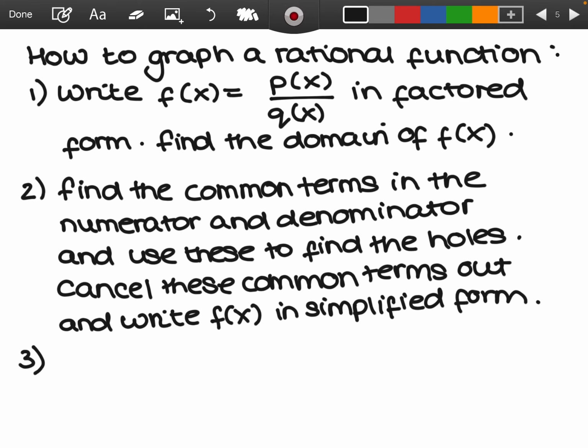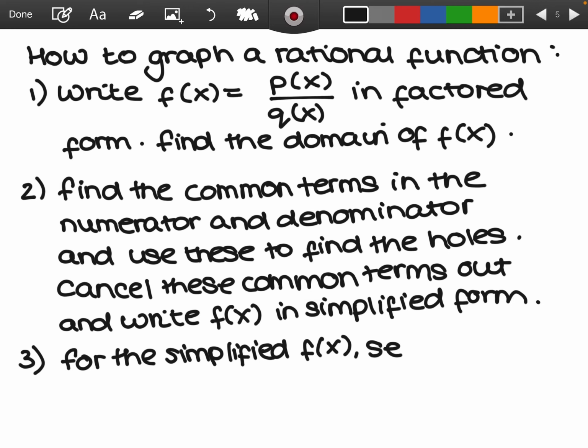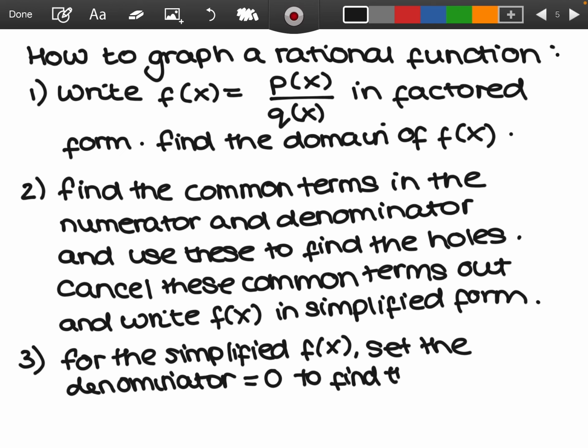Okay. Then your next step is going to be to use that simplified form of f of x and set its denominator equal to 0, and that will give you the x values for which you have a vertical asymptote. So for the simplified f of x, set the denominator equal to 0, to find the vertical asymptotes.